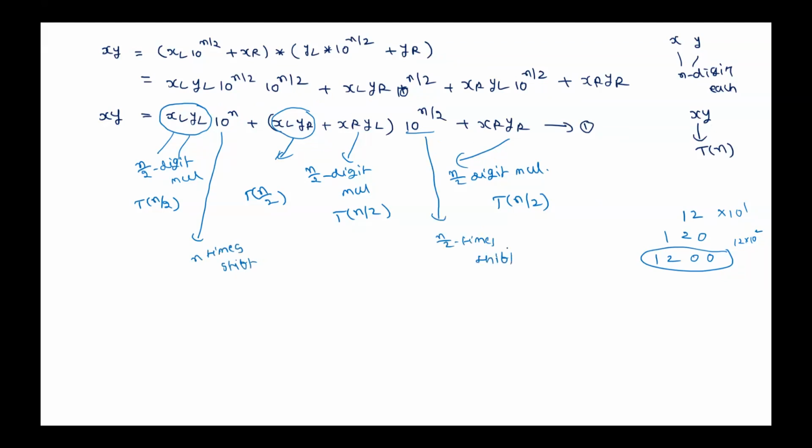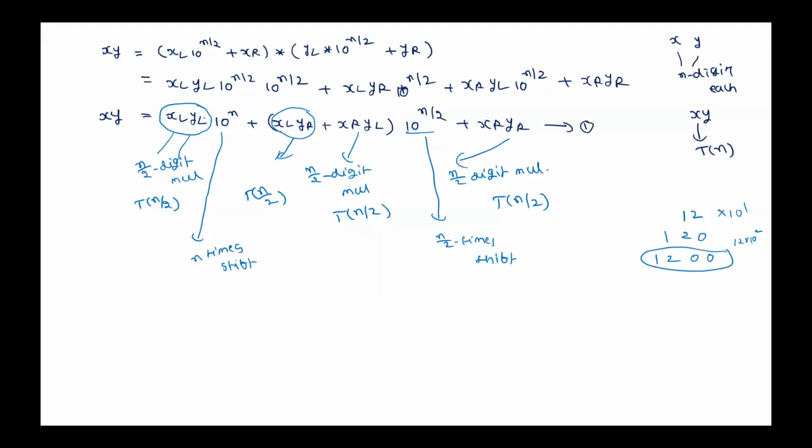Shifting. After that, again we need to add. To add two n-digit integers, maximum how many additions do we perform? N. Whatever integers we get here, definitely they are not more than n-digit integers. Maximum n plus 1 digit integers we get.